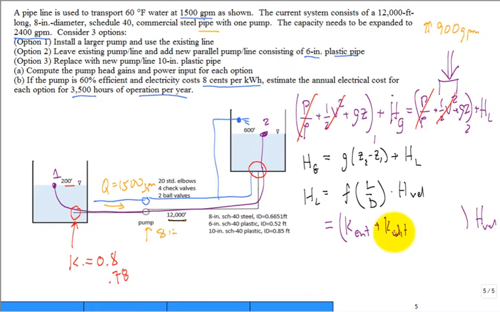All right, so those, the entrance and the exit with this K on the exit of 1, they say right here there's 20 standard elbows. They just tell you that this is going to have a few kinks, and so there's 20 elbows. So you're going to have 20 K of the elbows.